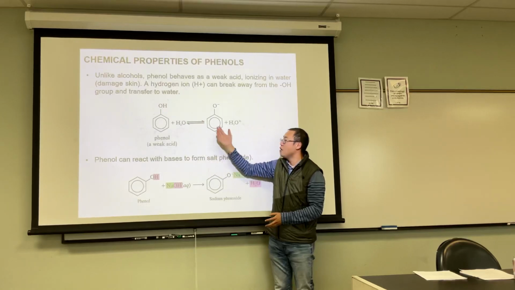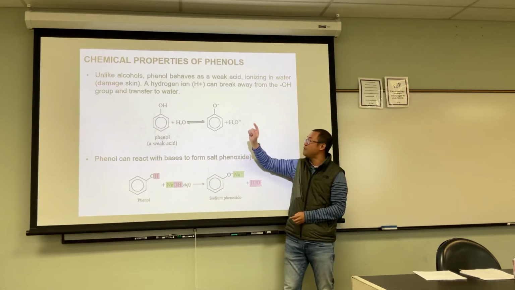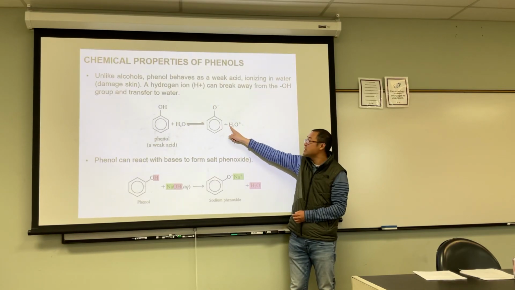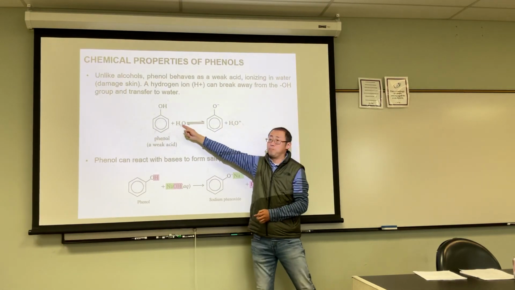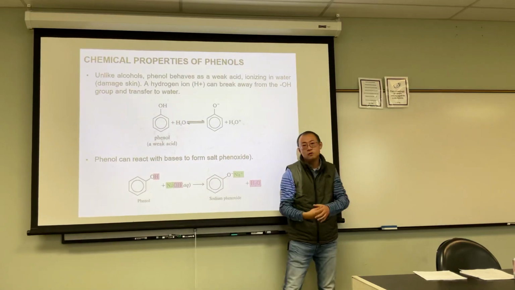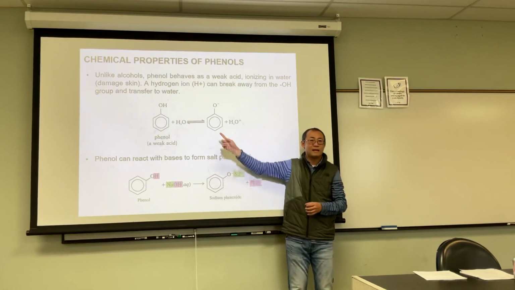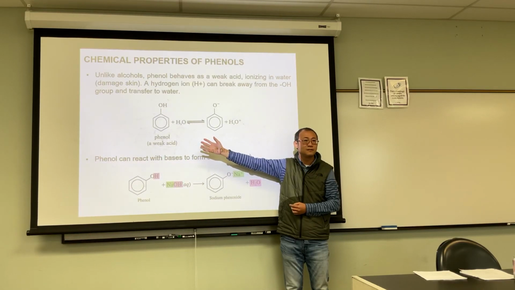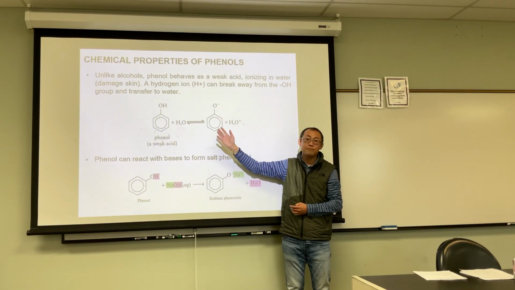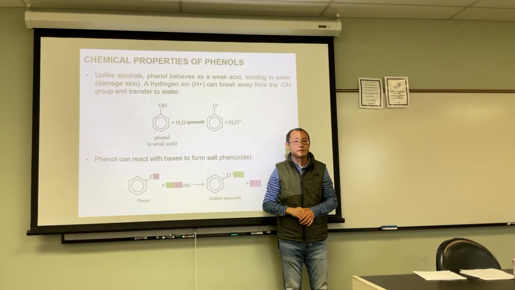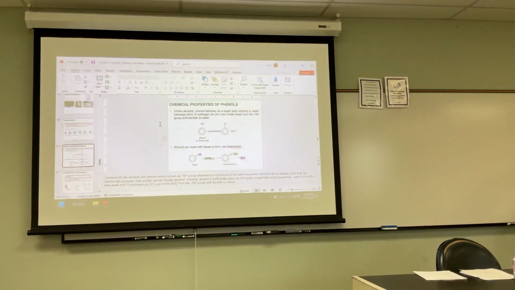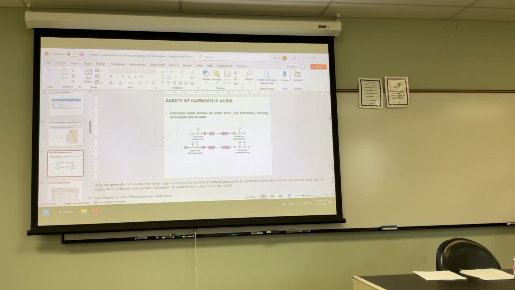That's why we call phenol an acid, because phenol can give hydrogen plus, which is now combined with water. If you put this in your test, you get 5 or 6 marks. I forgot. This is exactly the same thing from the notes. All right. Next.